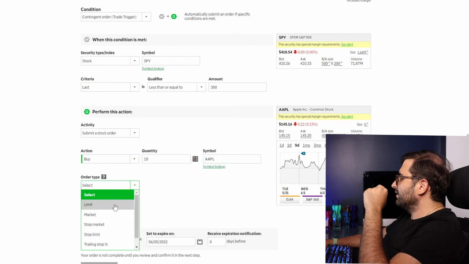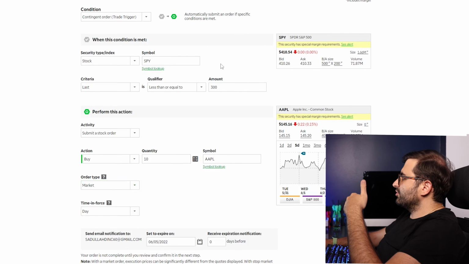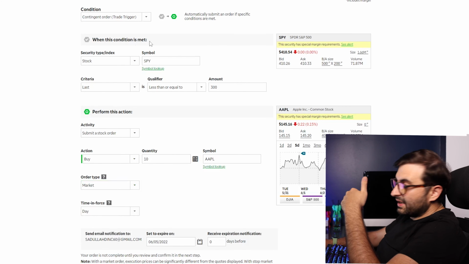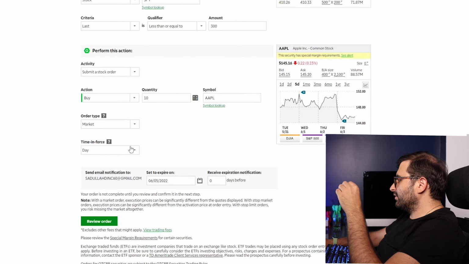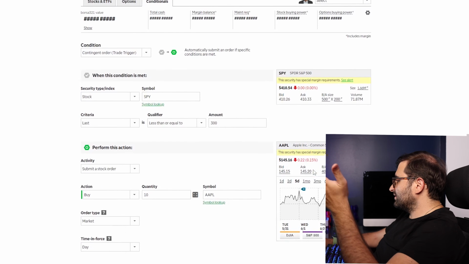The order type is market. I don't care what the price is when the condition is met. So very important, I will say it again. The time in force is day because it's a market order type, and that's it.